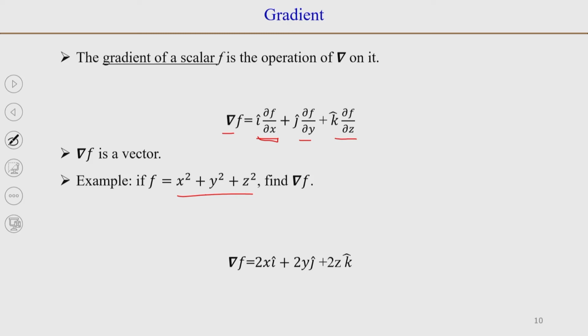So, del by del x of f will be 2x. The x component will be 2xi, the y component similarly will become 2yj, and the z component will be 2zk. So, the gradient of the scalar x square plus y square plus z square will be 2xi plus 2yj plus 2zk.